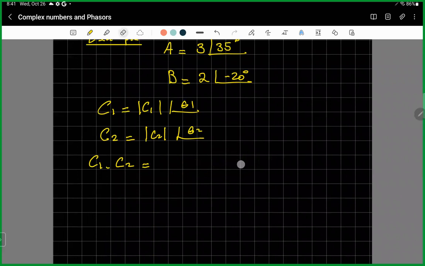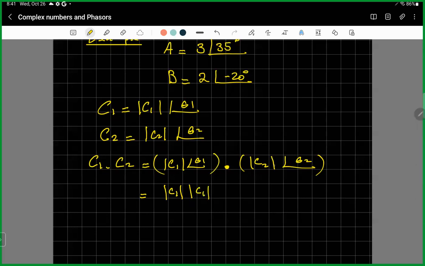Because when you multiply the first one times the second one, you multiply the magnitudes, C1 times C2, and the angles you add, theta 1 plus theta 2. That will be C1 times C2.